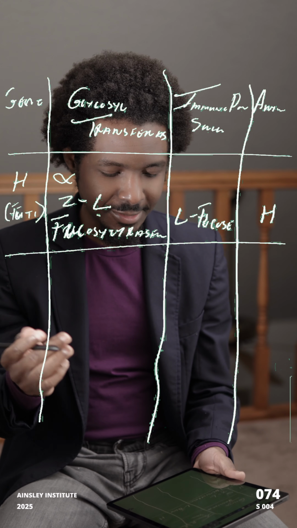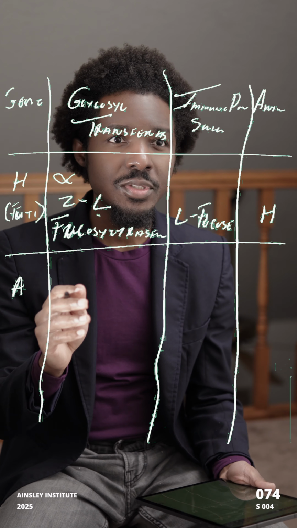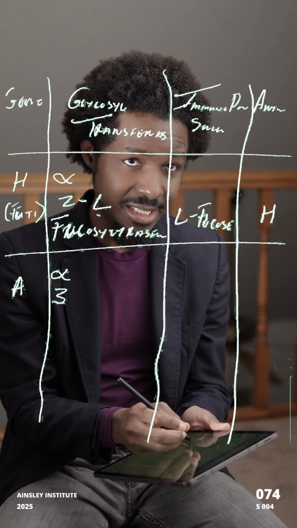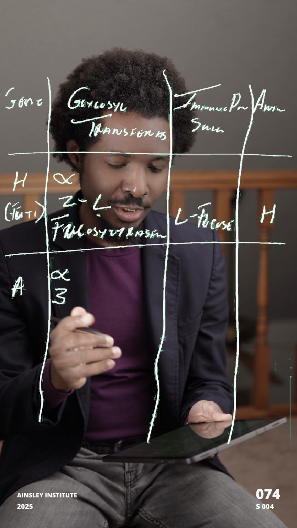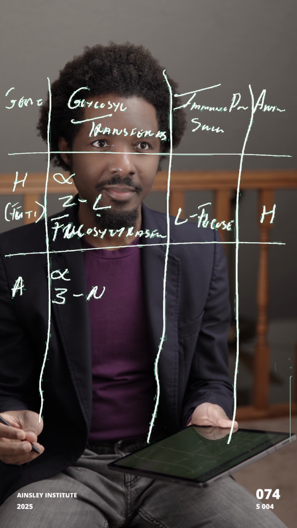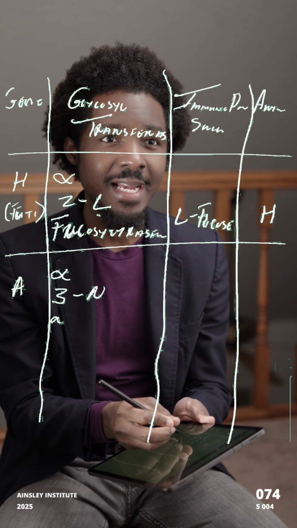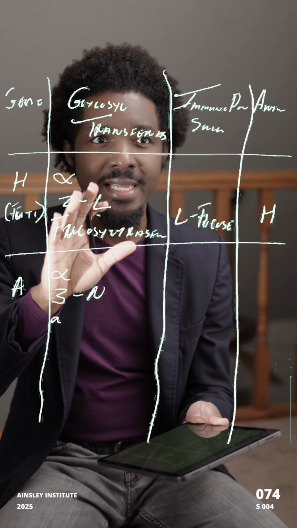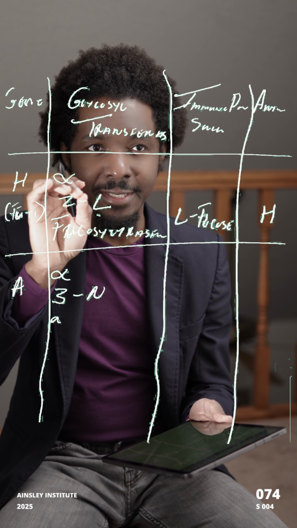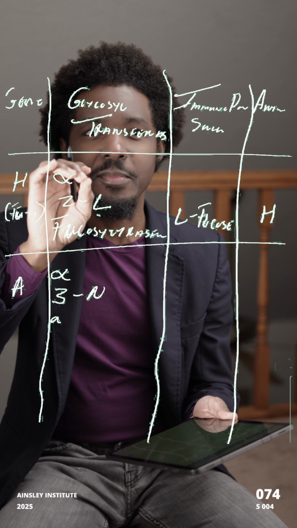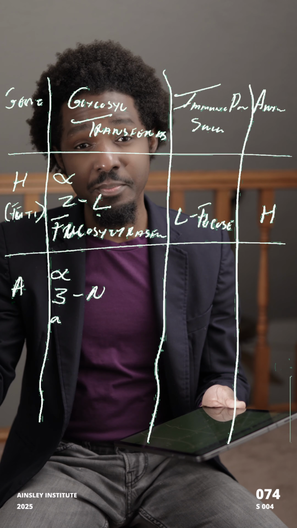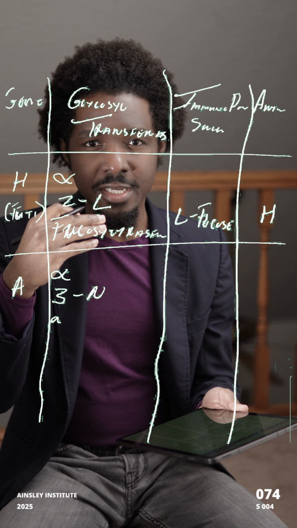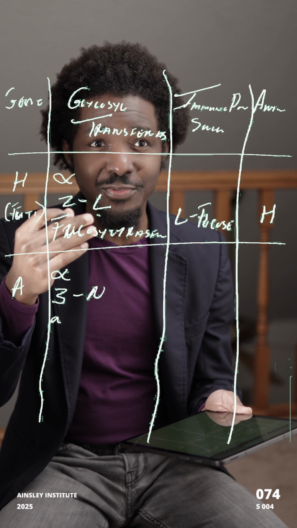Now for the easier ones, A. If a person is A, they're going to have alpha, and this is going to be 3, and not only 3, 3N. And then now we have N-acetylgalactosaminyl transferase.